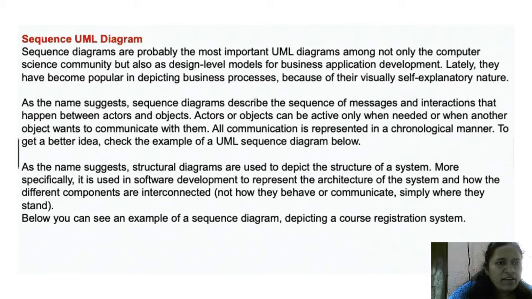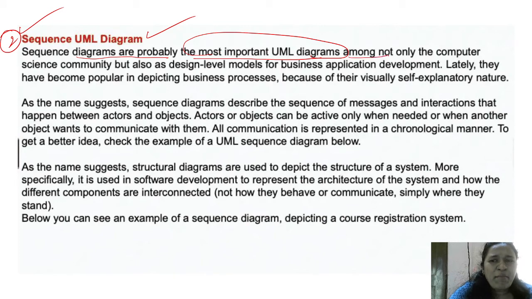Next one is also part of interaction diagrams: sequence diagram. Sequence diagrams are probably the most important UML diagrams, not only among the computer science community but also for design level models.